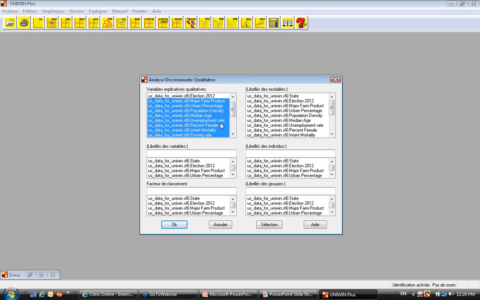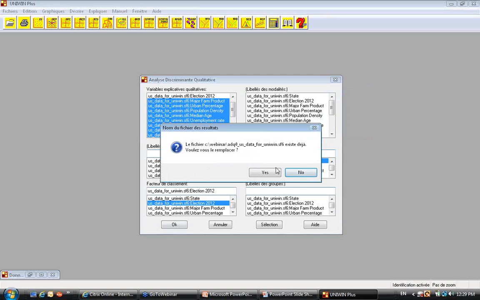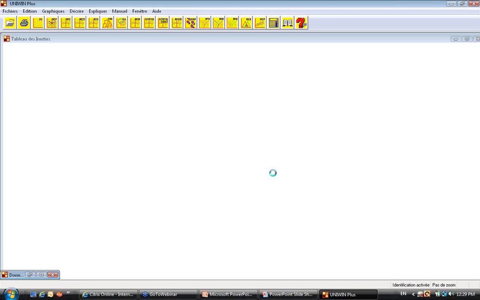There are 1, 2, 3, 4, 5, 6, 7, 8 predictors. The classification factor is election 2012. The labels for the individuals are state. Okay. Let's push OK. Again, it wants to save the results. Can I replace the file? Yes.